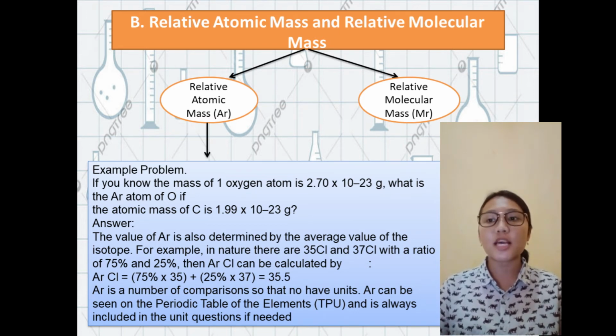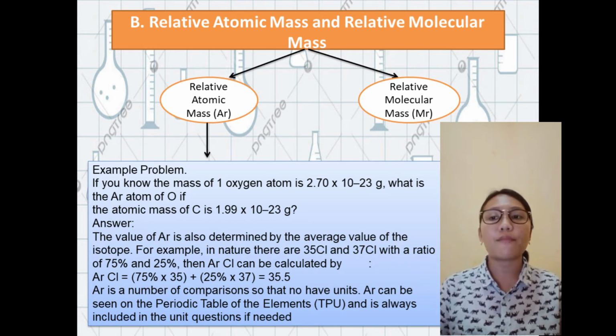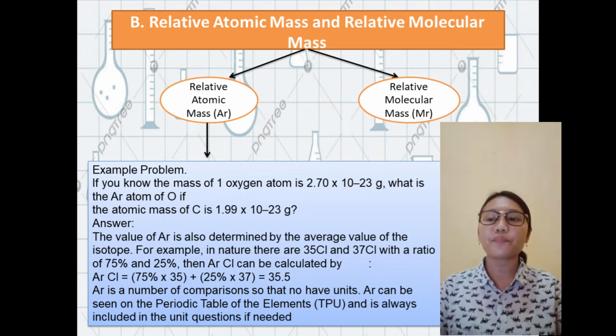Relative atomic mass expresses the ratio of the average mass of one atom of an element to 1/12 of the atomic mass of C12, or it can be written 1 atomic mass unit or AMU equals 1/12 the mass of 1 C12.